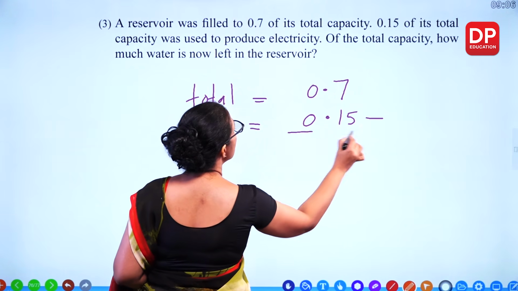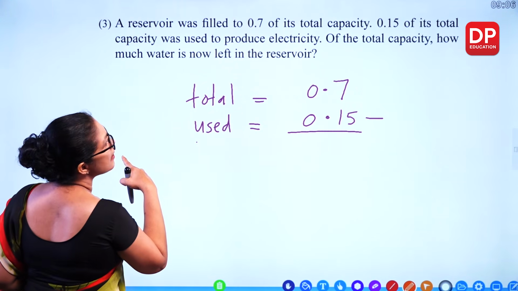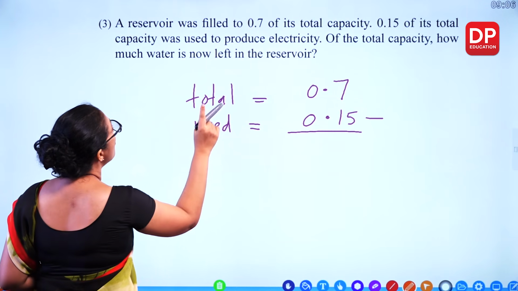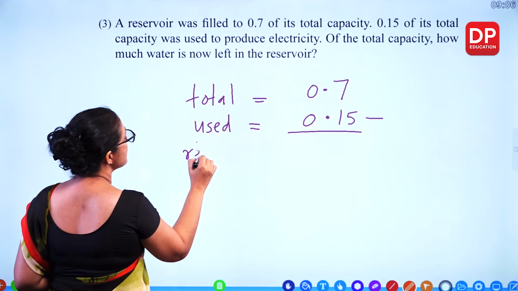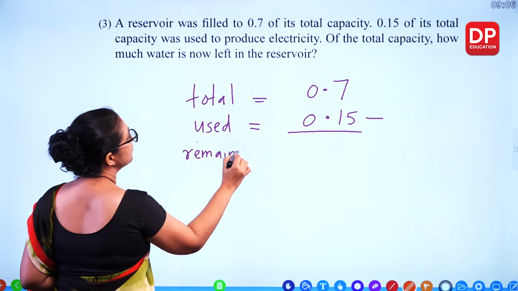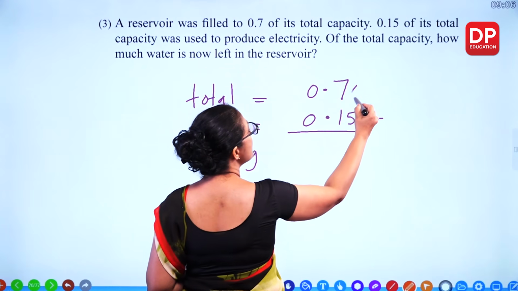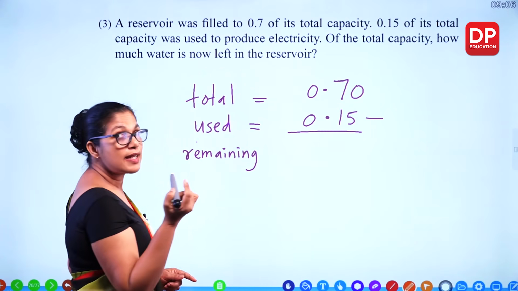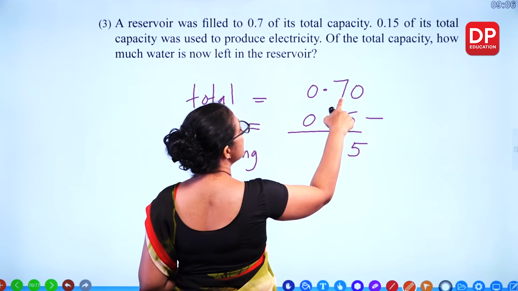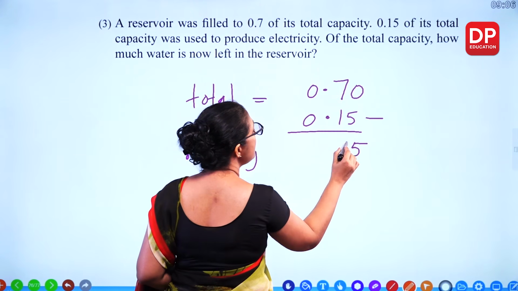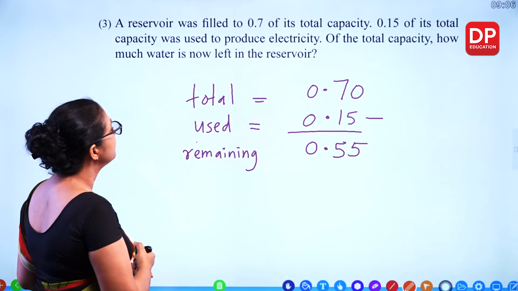So when you subtract, you get the remaining part. So now left in the reservoir. So that's the remaining capacity. Remaining part you subtract. So put a 0 there because you don't get any number there. 10 minus 5 is 5. This becomes 6. 6 minus 1, that's 5. 0.55.